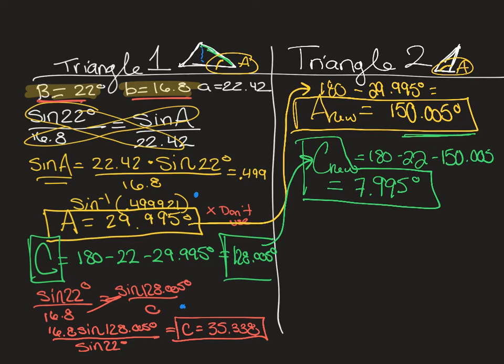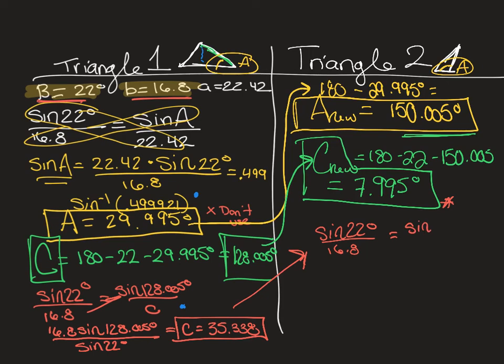And then finally in red, I'm going to do the exact same math I did right here, except my angle is going to change. So I still have sine of 22 degrees over 16.8 equals, I don't have 128. I have my C new up here.